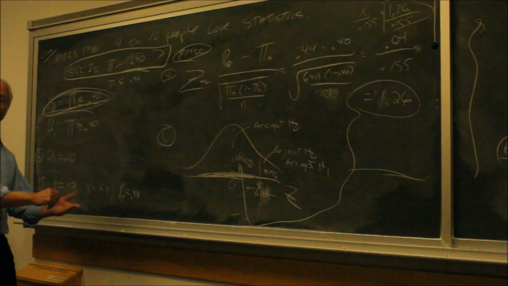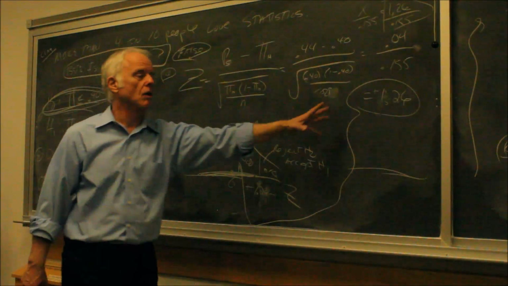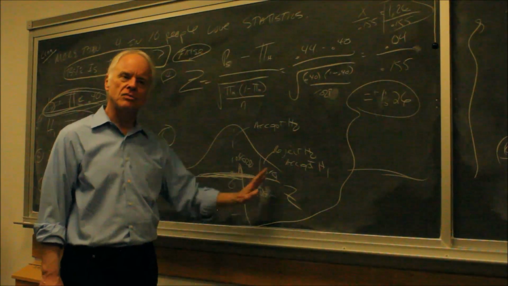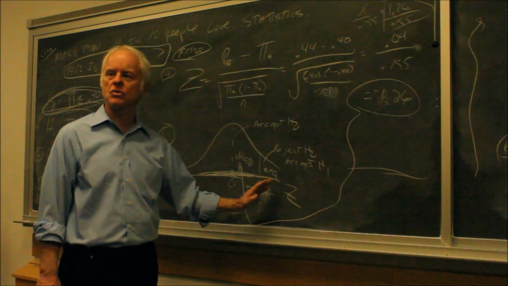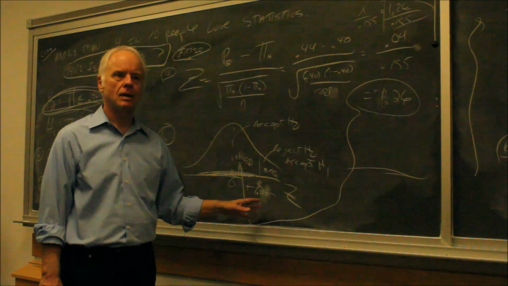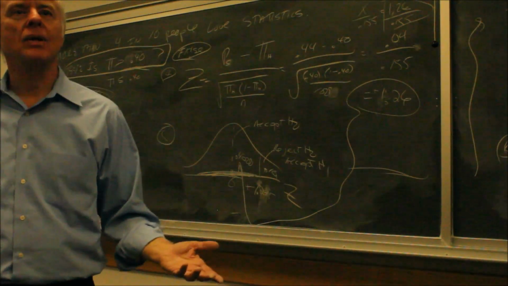Now, if it came in at 54, that would be 0.54, and you'd be like, wow, this is really close to the 1.285. Where it lands dictates whether you accept or reject H0. But the data is whatever the data is. You can't do anything with it or to it.